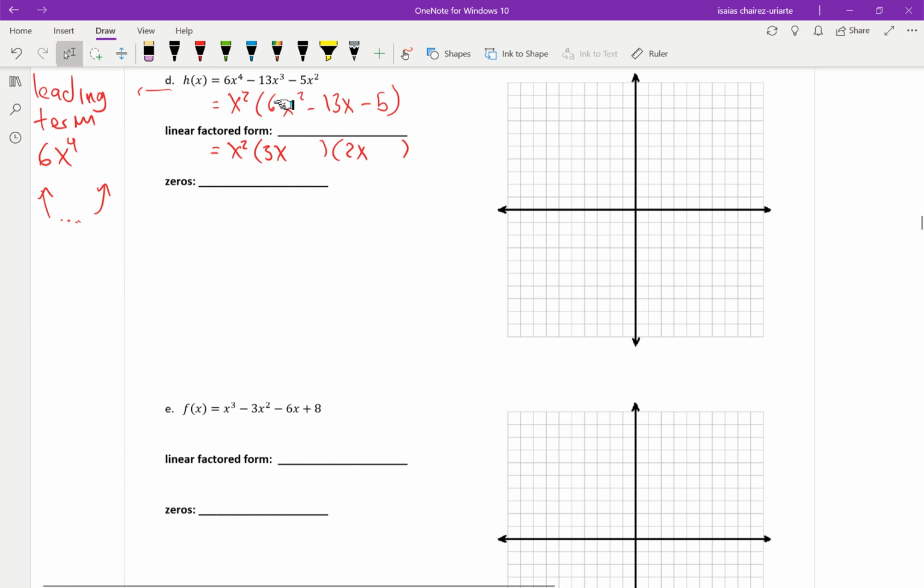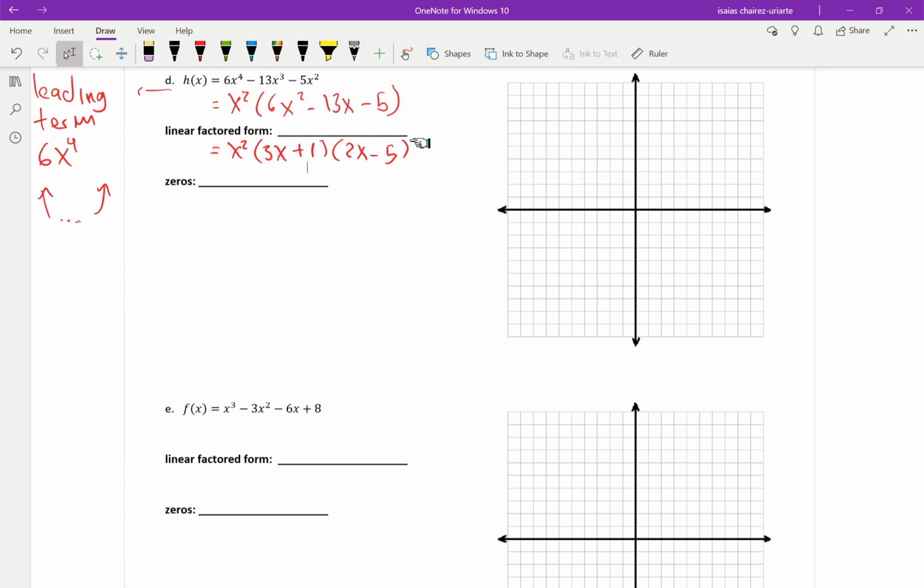Now I have to come up with something times something that gives me negative 5. I think I'm going to have to do minus 5 and plus 1. I think that'll work, because let's check. 3x times 2x is 6x squared. Then 3x times negative 5 would be negative 15x, but then negative 15x plus 2x gives me negative 13x, which I need as the middle term. And then 1 times negative 5 is negative 5. So I think this is my linear factor form.